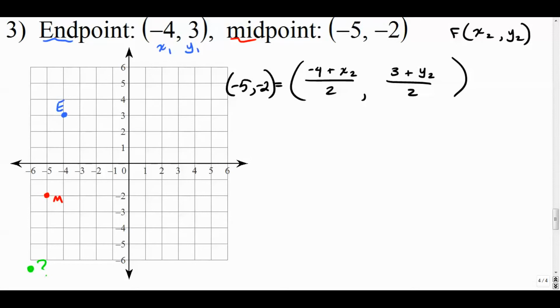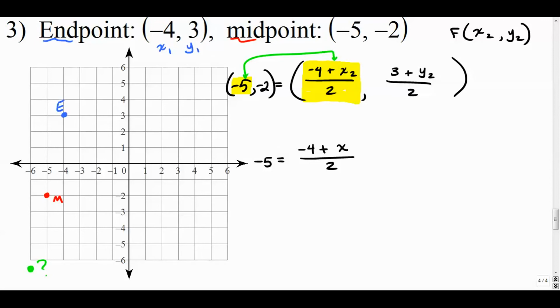So what I'm going to do is pull this old trick, right? In order to find this x value, I'm going to get my highlighter out and say, okay, this is an x value and this is an x value. So I'm going to simply set those equal to each other and solve it. -5 equals -4 plus x over 2.